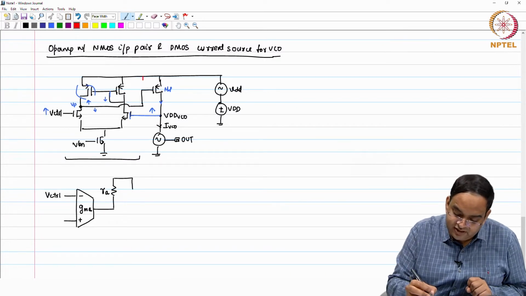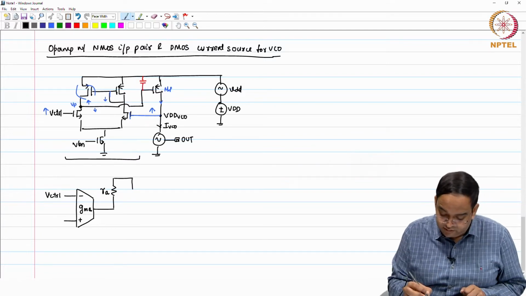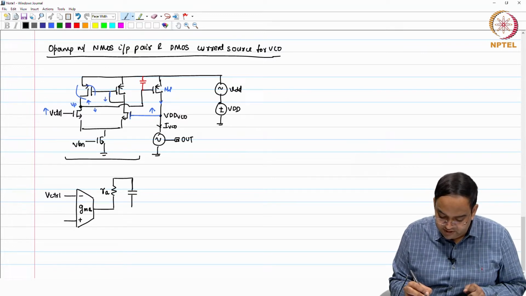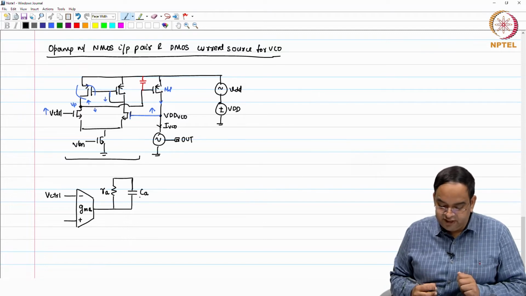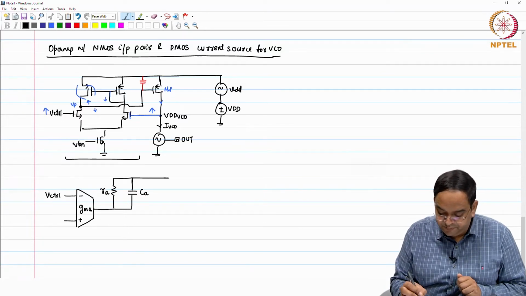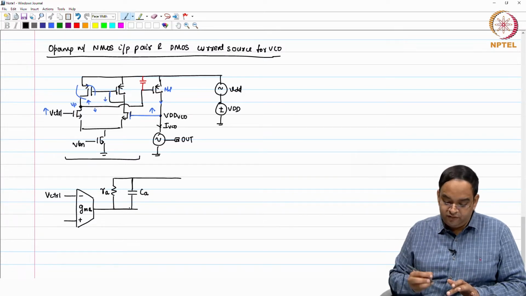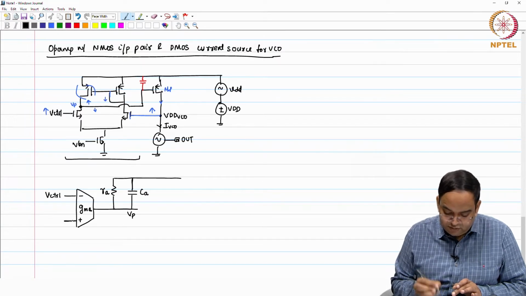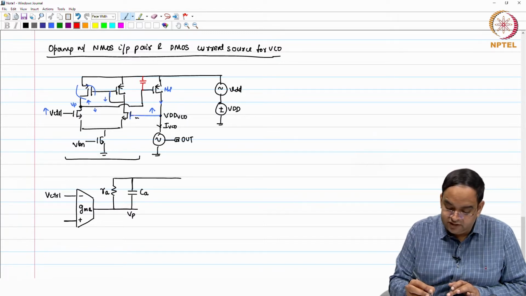Normally, the capacitance at the gate of this PMOS transistor dominates, so it is the CGS of the PMOS transistor. Most of the time this capacitor is dominant, but I am adding all that capacitance as the effective capacitance CA. So, this is the model of the amplifier with this VP, and this particular node is the feedback node, which is this one.